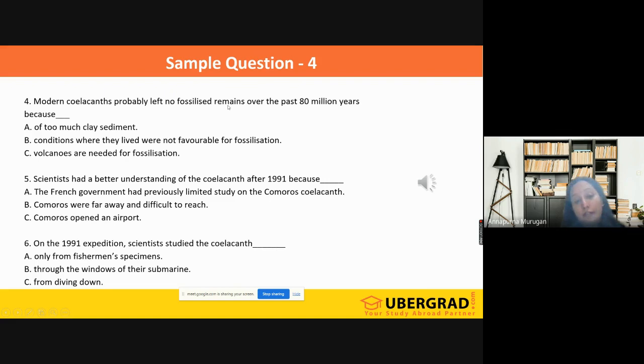They said it could fossilize under clay sediment and volcanoes, but not in those regions, because the conditions were not favorable there. Scientists got a better understanding when the French restrictions were lifted. In the 1991 expedition, scientists studied the coelacanth. How did they study it? Through the windows of the submarine, isn't it?